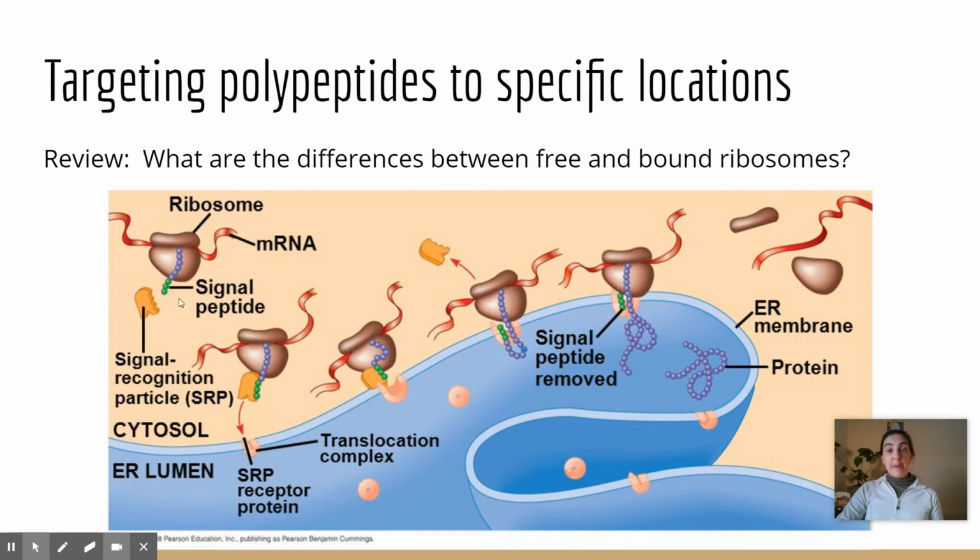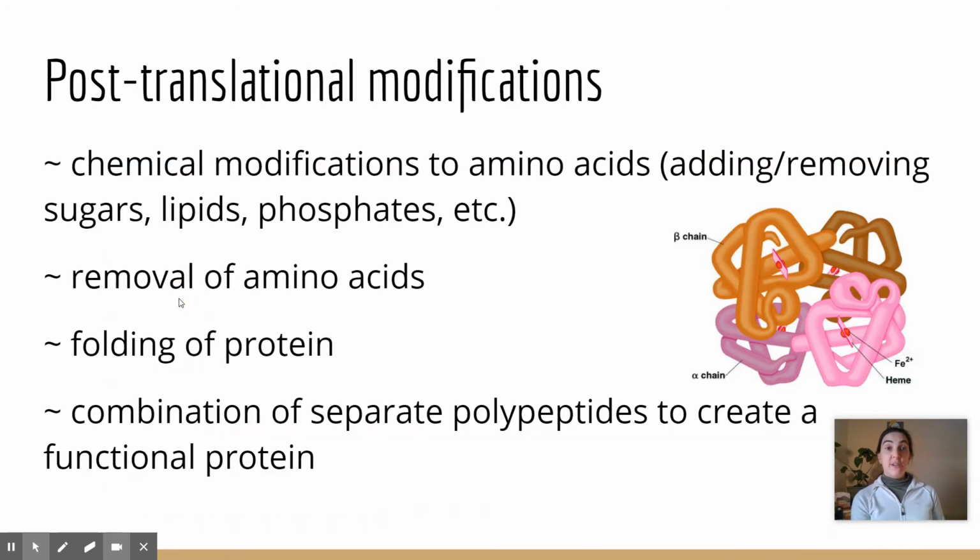Once a polypeptide chain has been made, whether it's in the cytosol or in the rough endoplasmic reticulum, there are modifications that need to be made after translation is complete. A polypeptide chain is not a finished protein. Sometimes there are chemical modifications that need to be made to some of those amino acids.